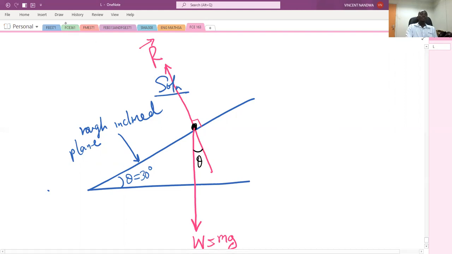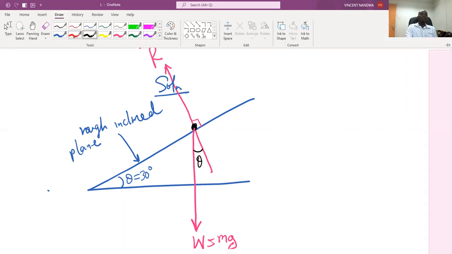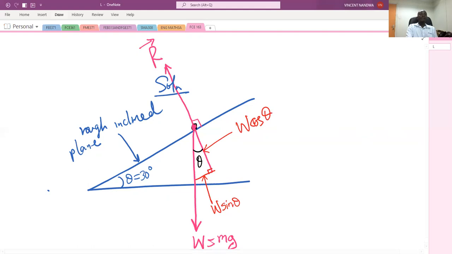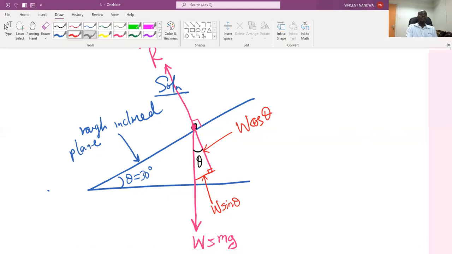Once we have drawn this, then resolve the forces on this diagram. So just join this to form a right angle triangle. And then this magnitude here will be W sine of theta. Magnitude of the force here will be W cosine of theta. And this is the direction of motion on this triangle.